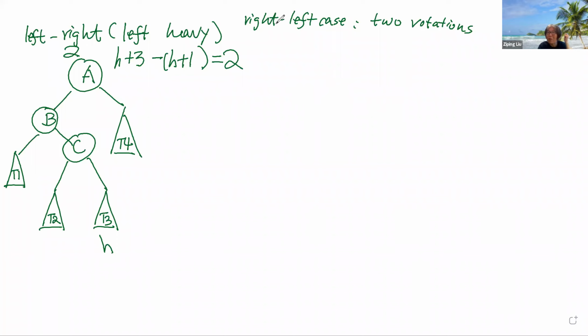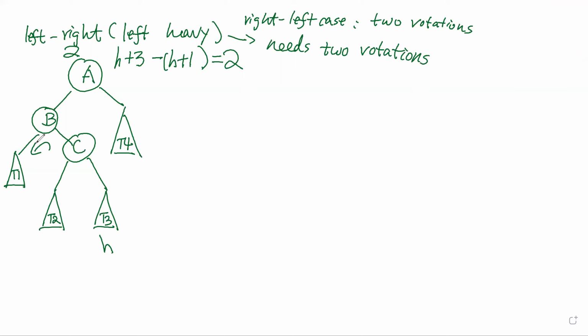So we can guess it also needs two rotations. And who can guess what the first rotation we can do is? The first rotation we can do is the left rotation of B.